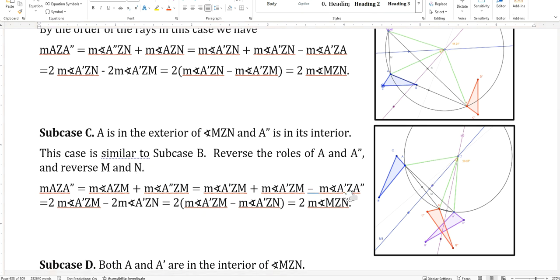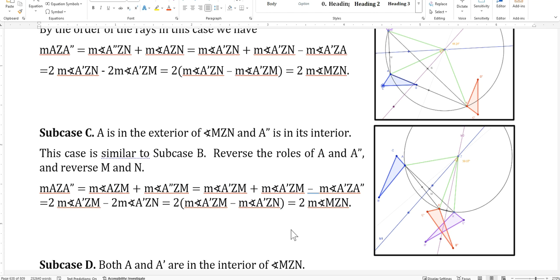So this angle from A prime Z to A double prime is twice the angle from A prime to Z to N. Okay, let's say it that way. Factor that out. Now, if we take A prime to Z to M and we subtract off A prime to Z to N, you are left with the angle from M to Z to N. Right, that's what we want. And so we got the 2 there, so that works out to be twice the angle.